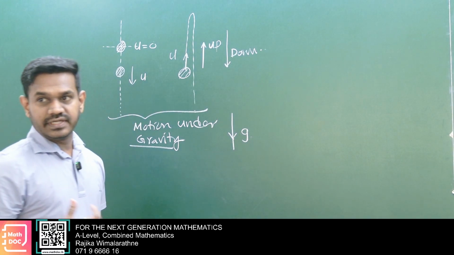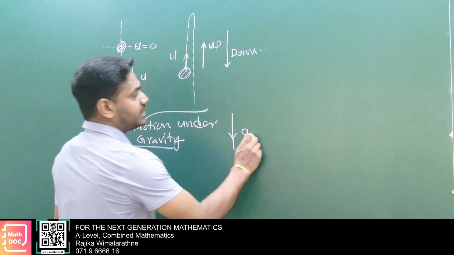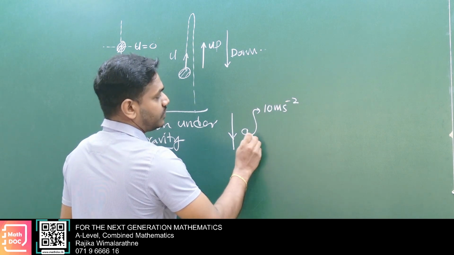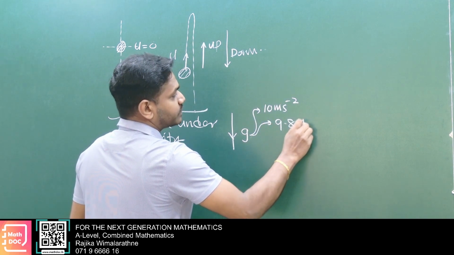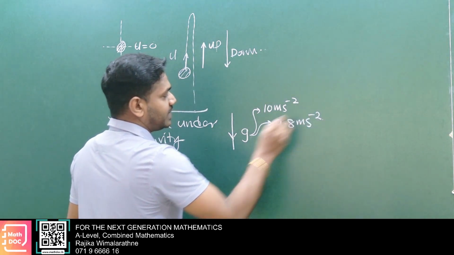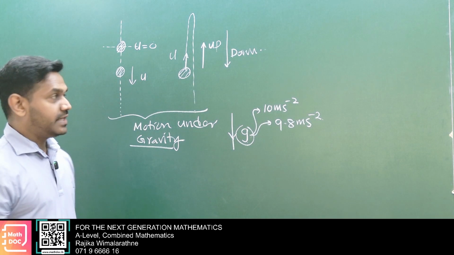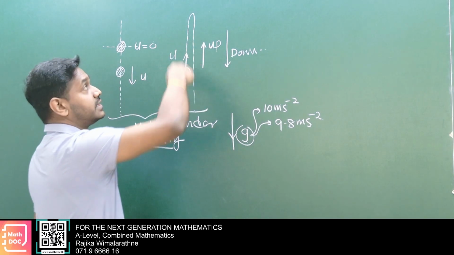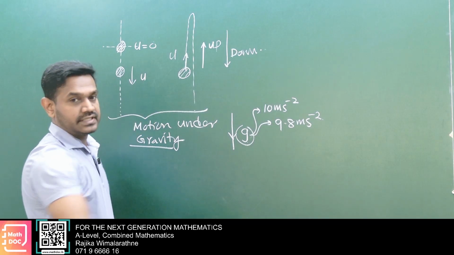That object always has the gravitational acceleration g downward. Here g usually we take as 10 meters per square second, or sometimes 9.8 meters per square second. When a particle moves upward, it has retardation and reaches maximum height. Then in downward motion, its acceleration is g downward.